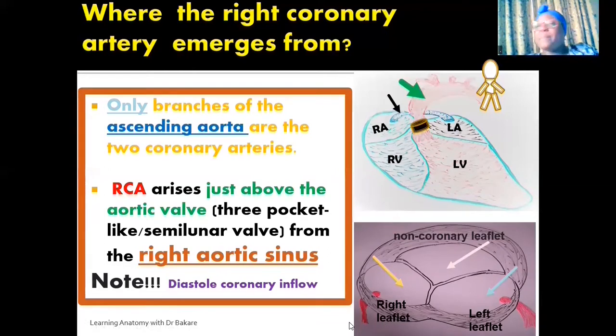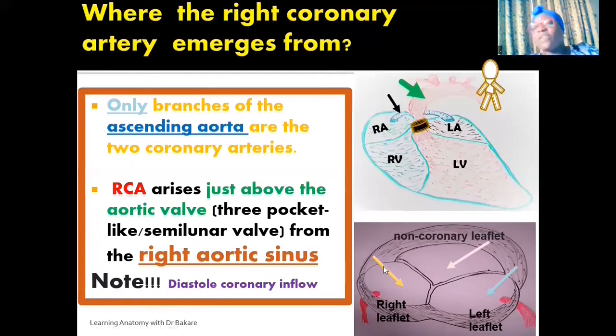There is a reason for this. And why this emerges in this kind of configuration can be justified, because when blood is directed into the aorta, the right aortic leaflet will guide or prevent the backflow of blood. And this space within here, blood will be contained within this region, but will be prevented from flowing backward into the left ventricle. And that is where the coronary artery, specifically the right coronary artery, will be able to trap the blood and allow blood to flow through it.